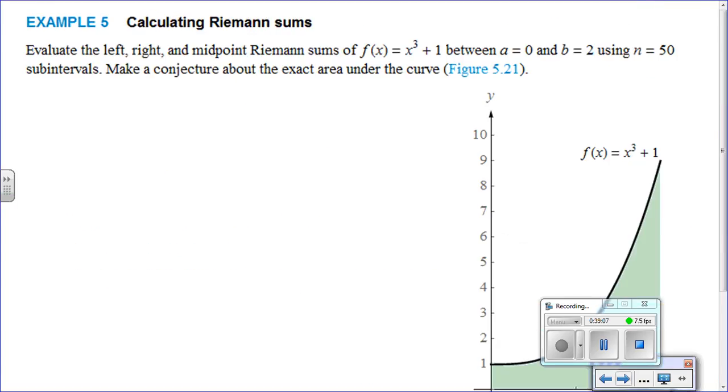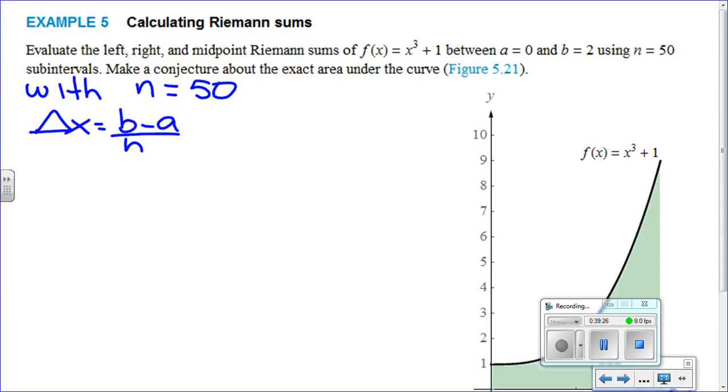So, the very last one, we can finish it in 1 minute. No, maybe not. So, let's work quickly. We need 50 intervals, okay? So then delta x is going to be b minus a over n. So that's going to equal, here we have them as a and b, 2 minus 0 over 50.